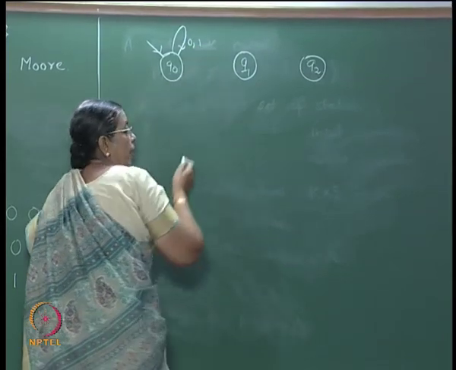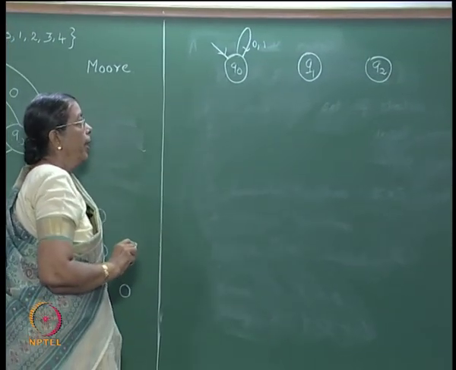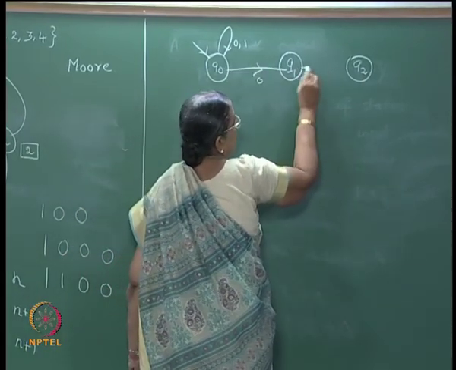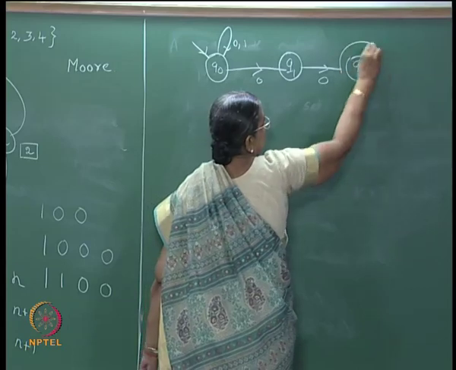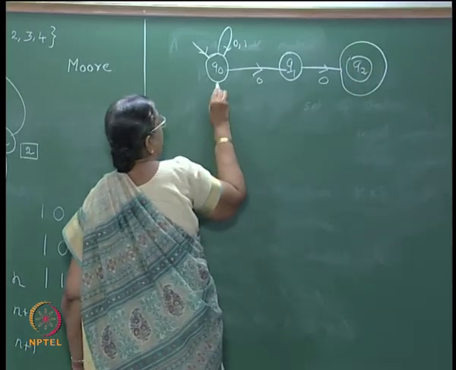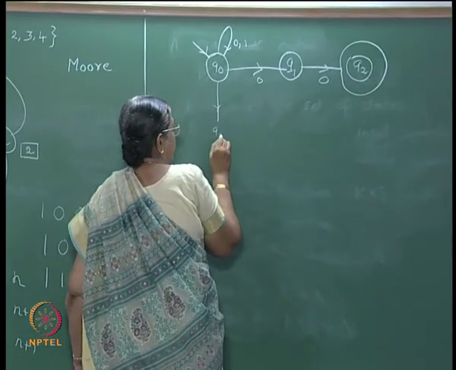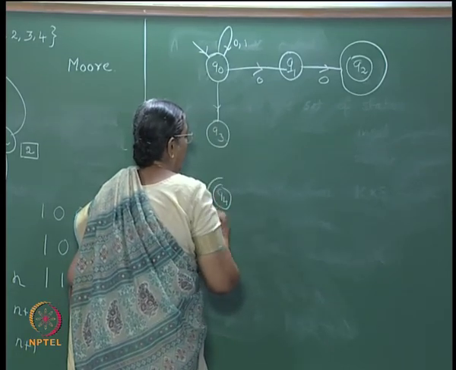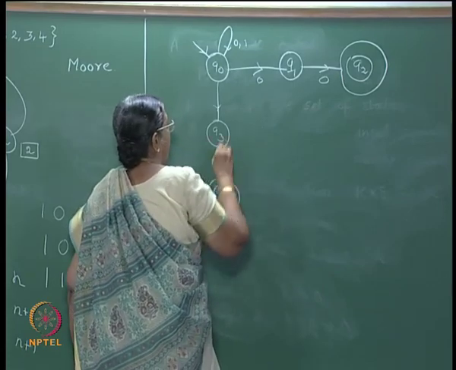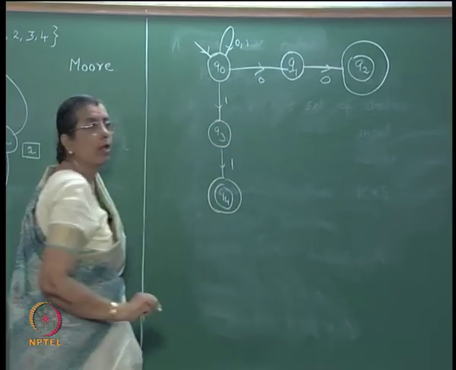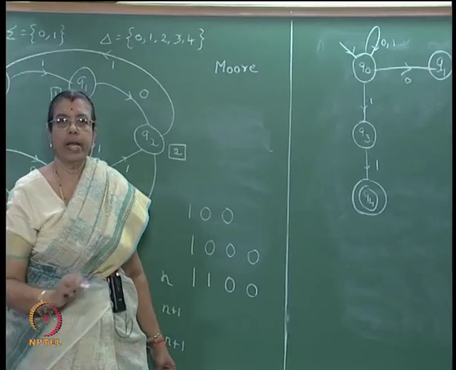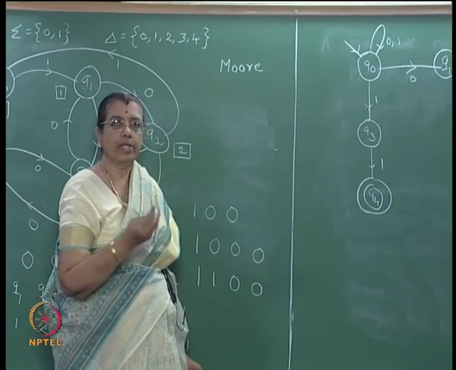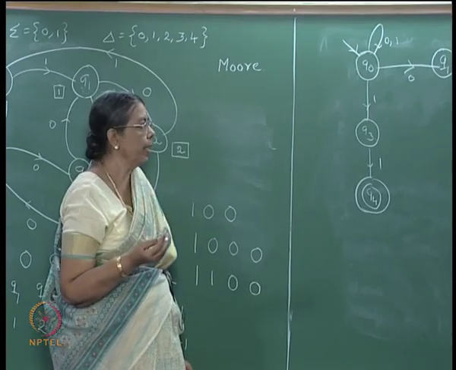On 0 and 1, any string of zeros and ones can be read, and it has to end with a 0 0, this is a final state, or it has to end with a 1 1. So, this is a non-deterministic diagram which will accept strings which end with 0 0 or 1 1.